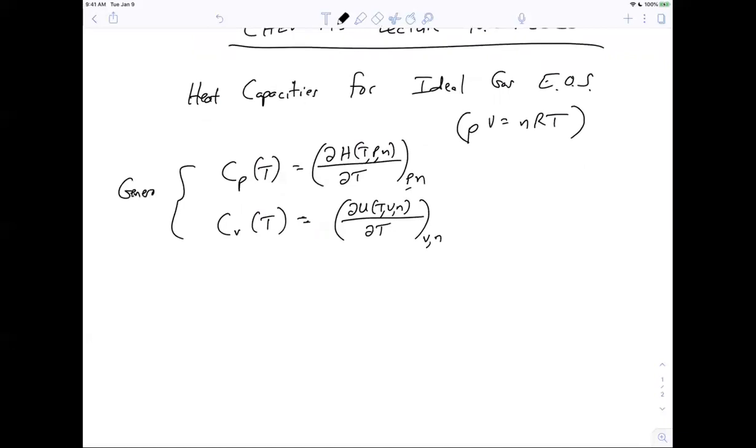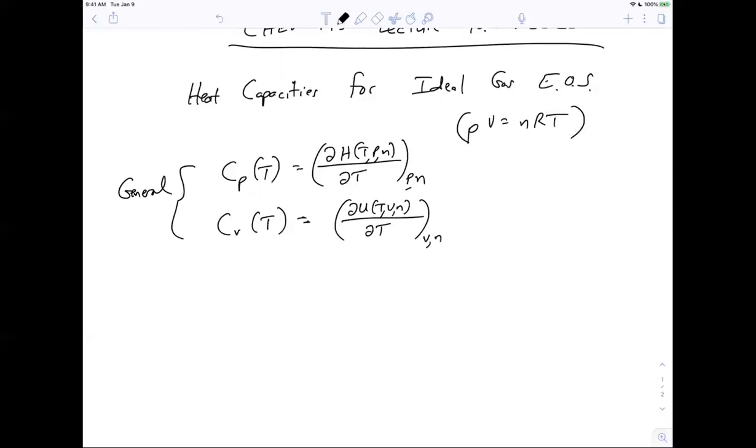They apply to any material, in this form, because we haven't made any stipulation. They're just a mathematical statement of what these entities are, Cp and Cv.